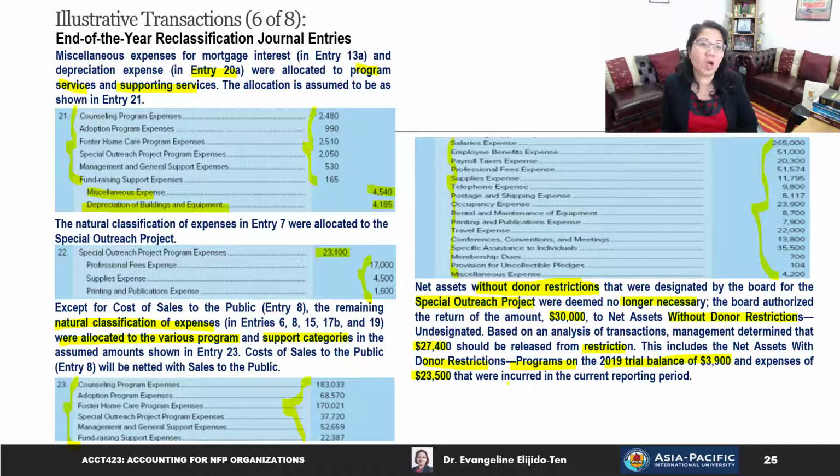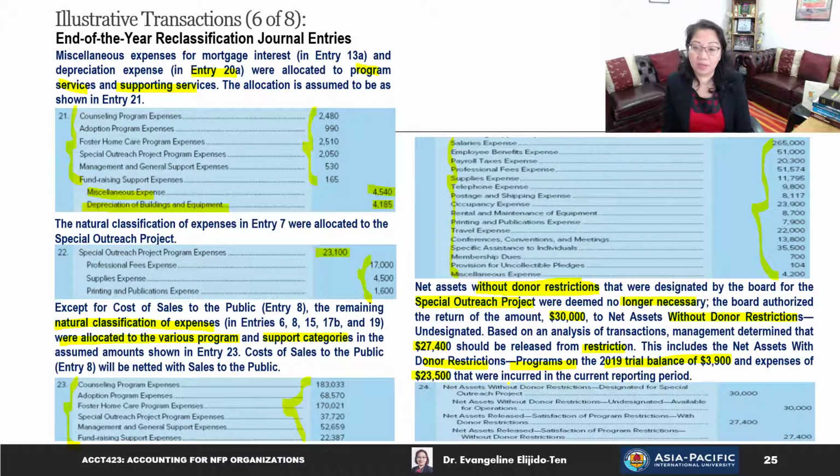So this is very common in NFPs. At the end of the year, the board will have a look and make executive decisions to reclassify the restricted net assets and put it to unrestricted or undesignated for that matter. So the entry would be debit net assets without donor restrictions designated for special outreach project for that $30,000, and credit net assets without donor restrictions undesignated available for operations for that amount.